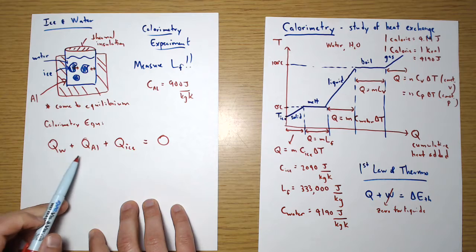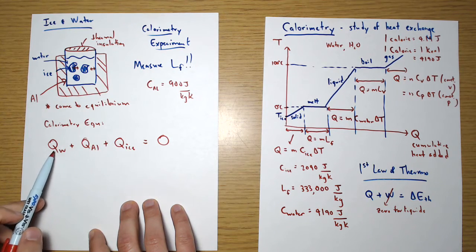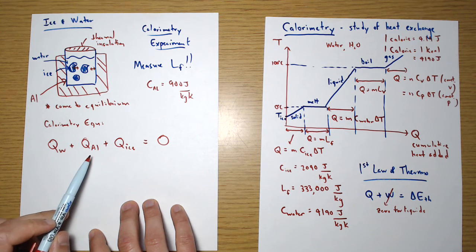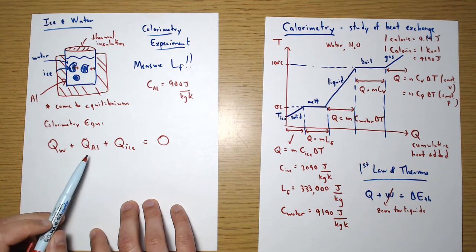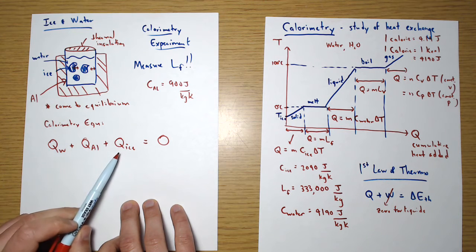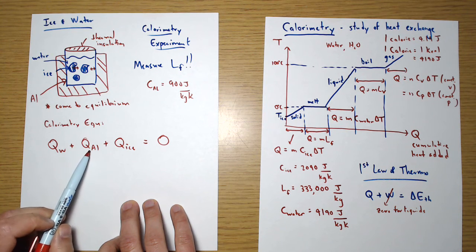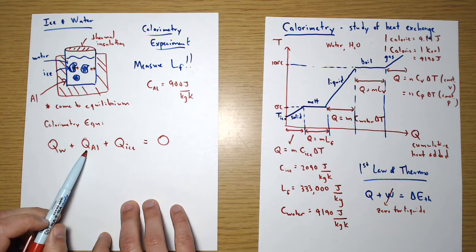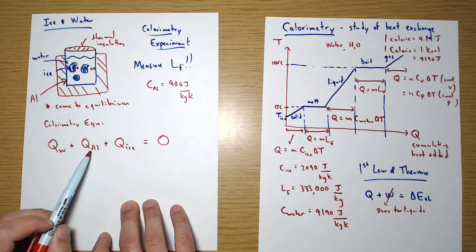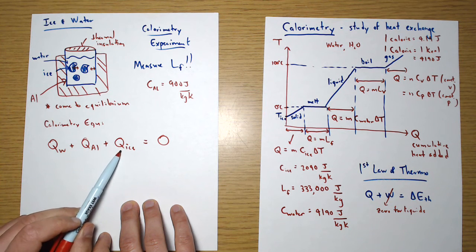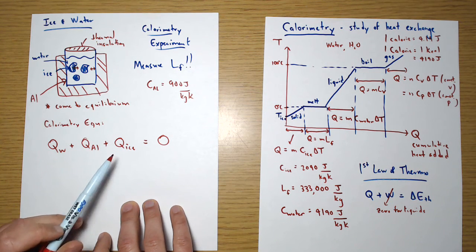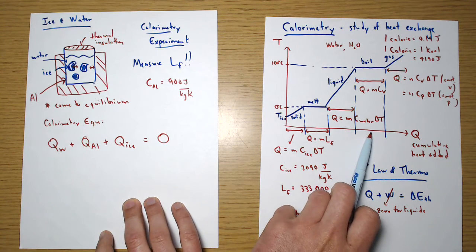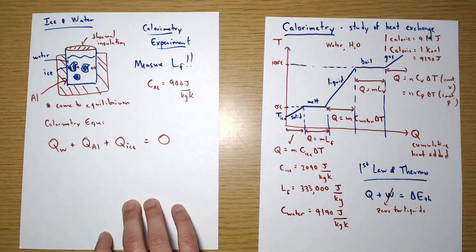Now, if these numbers all sum to 0, each Q is just the heat exchanged. You know that at least one of them has to be negative. Maybe two of them could be negative. If the ice is colder than the water and the aluminum, the water and the aluminum are both going to lose heat because their temperatures are going to decrease, and the ice is going to gain heat, either by melting some of the ice or by melting all of it and beginning to warm it up.